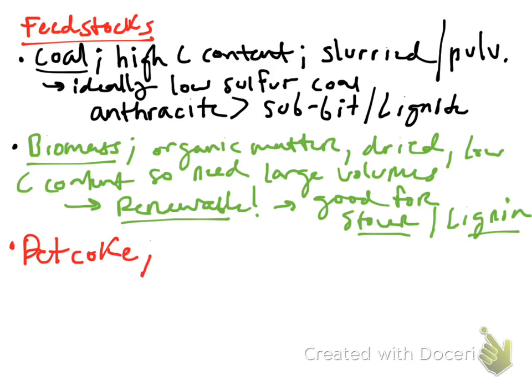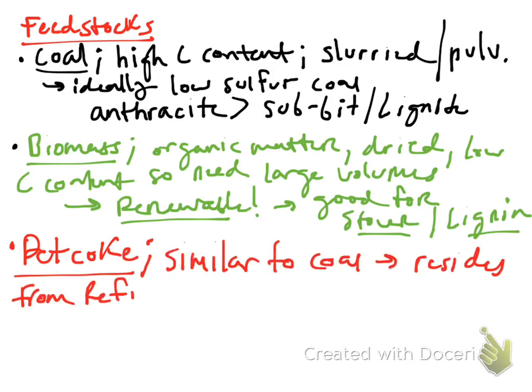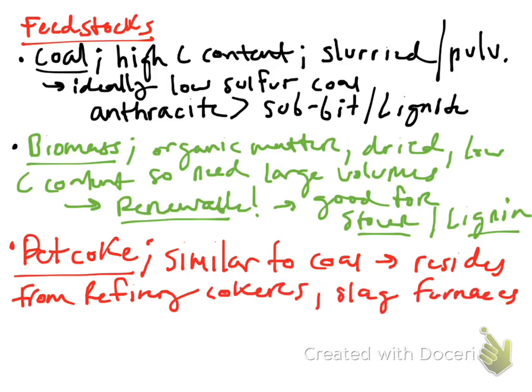Another feed that is common in gasifier islands present in refineries is petcoke, petroleum coke, similar to coal. So this is, like I said, refinery resids from the refinery cokers or slag furnaces present in a refinery, and it's processed in a similar way to coal.